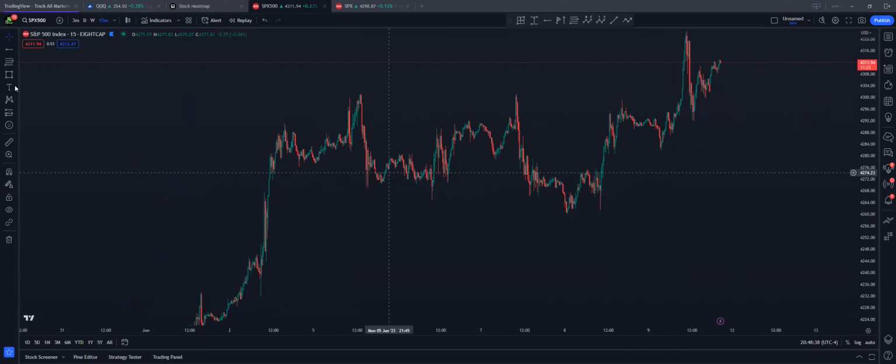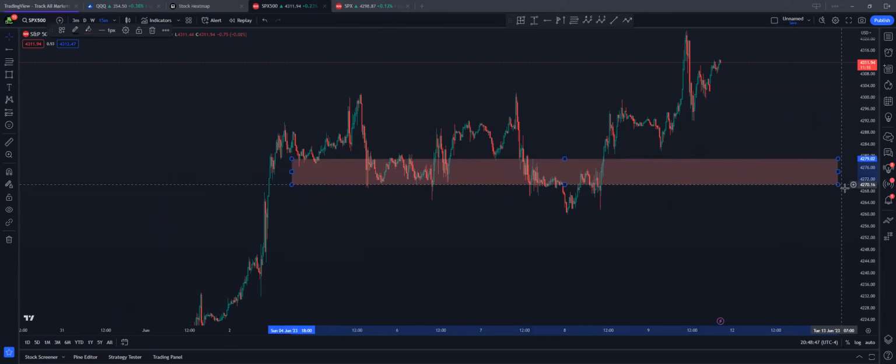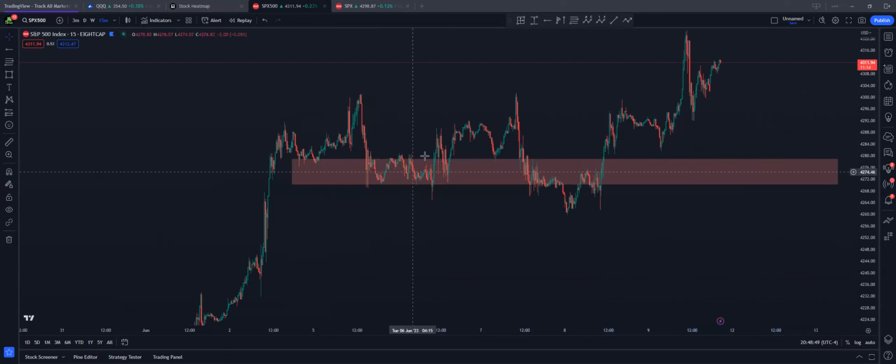So this right here is where we have demand, right? Around this range. This is demand. Why? Again, look at the consolidation. When it's in this range, you have that accumulation and distribution playing out.